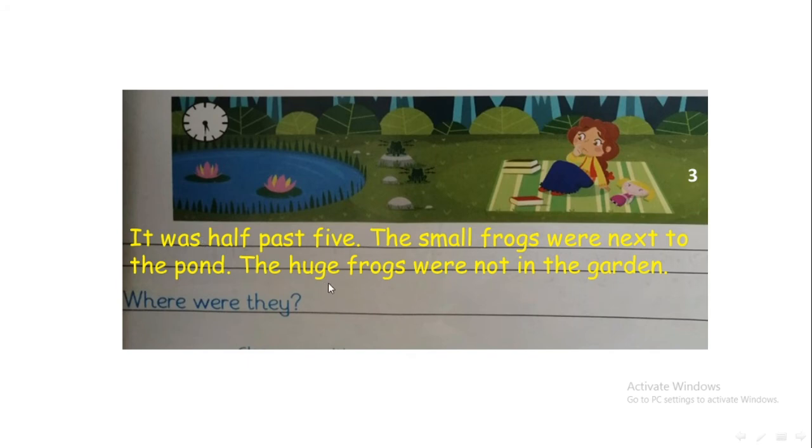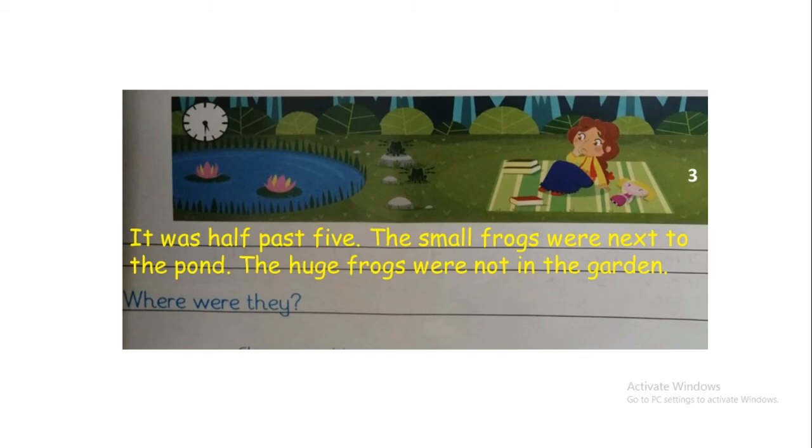Do you see huge frogs here? No. So the huge frogs were not in the garden. Where were they? This one is the puzzle here, okay? Now we finish all this story.